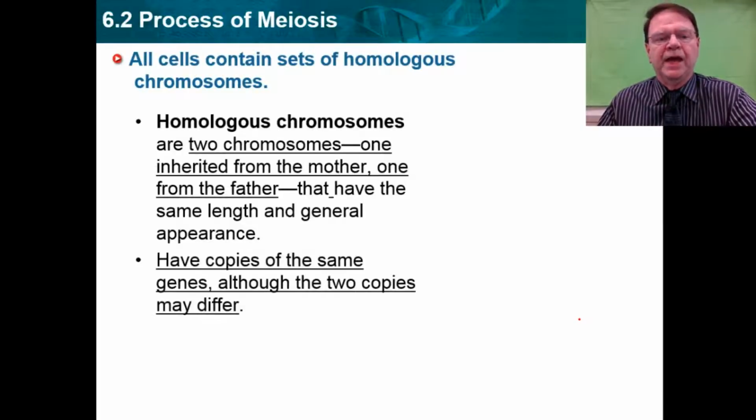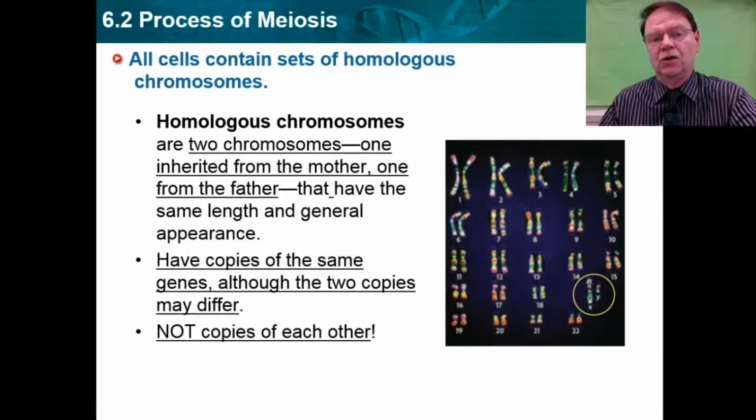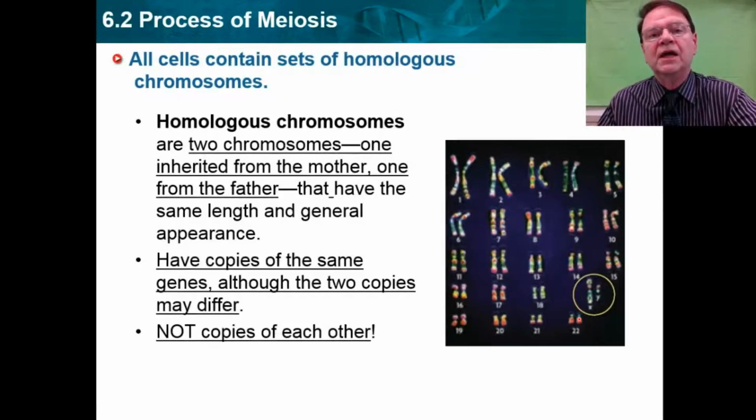You can't switch shoes, can you? All right? And we have copies of the same genes on those homologous chromosomes. Although these two copies may differ because they may carry different traits for each of those inherited characteristics. So they're not copies of each other. So homologous means similar, closely related, but it doesn't mean that they are identical. Okay? And you can see that especially with the sex chromosome.